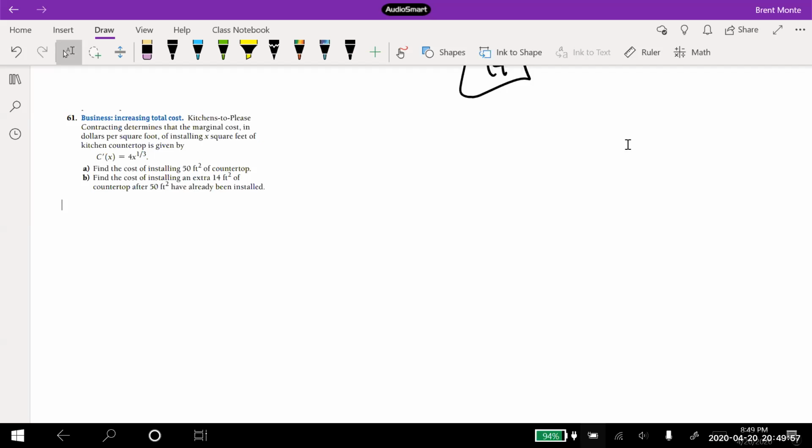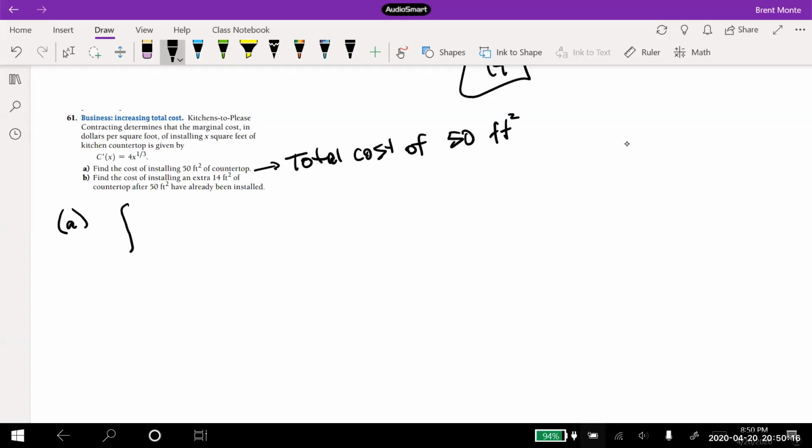Well, remember, if we want the total cost, so this one's saying total cost of 50 square feet, the total cost, that's the integral from 0 to 50 of the marginal cost.